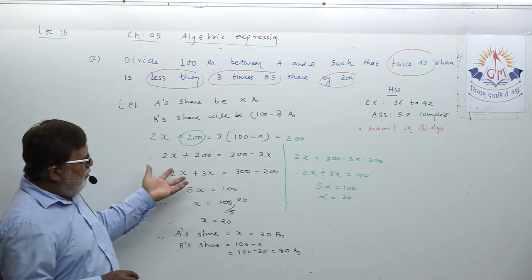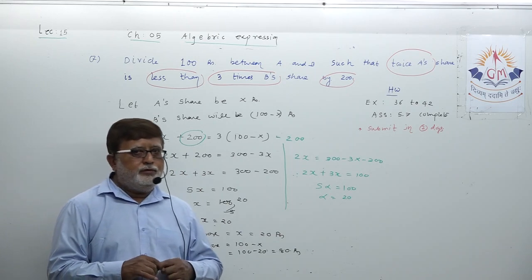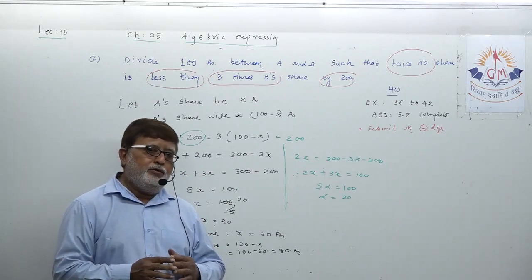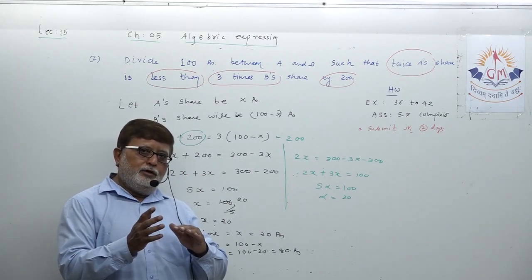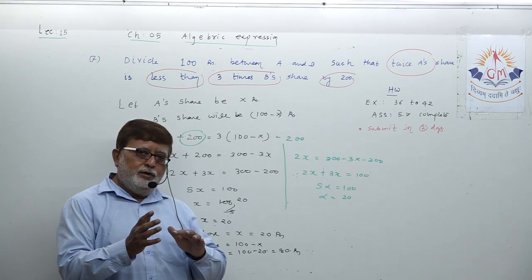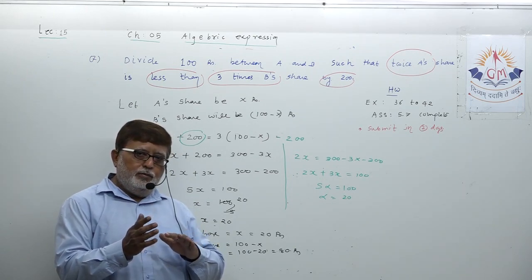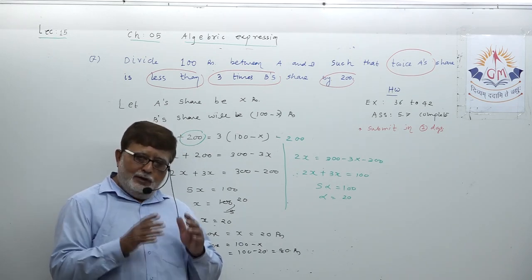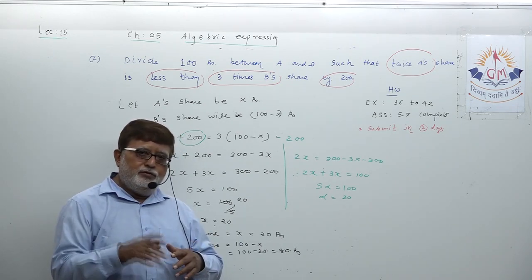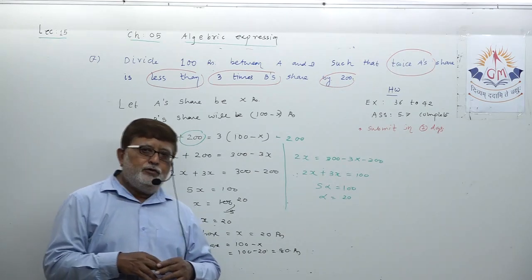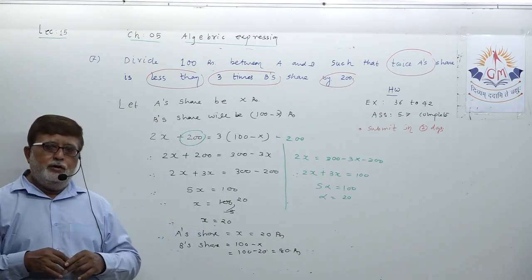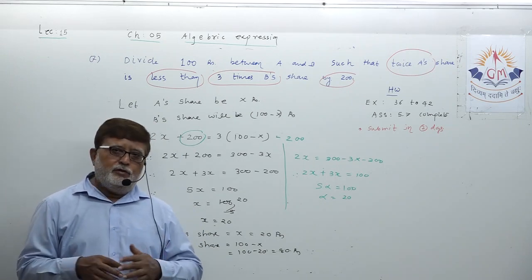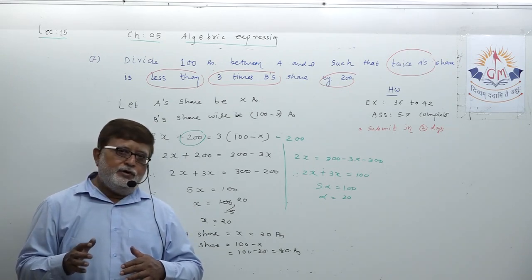The last lecture we have taken to understand word equation is very important. How to convert a given word problem into equation format, and to solve it demands a little more logic and thinking skill which you should develop. Okay? So dear student, with today's lecture chapter 5 gets completed.